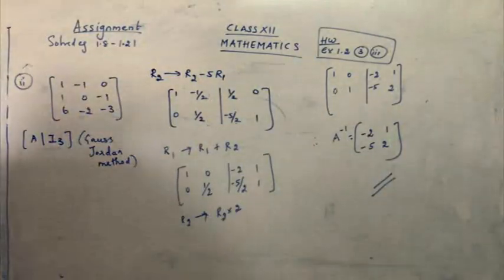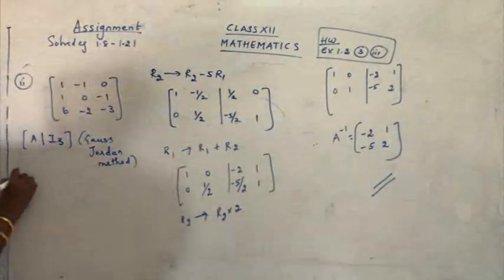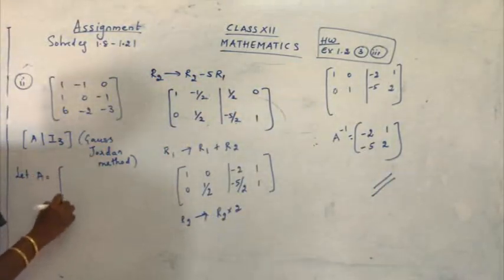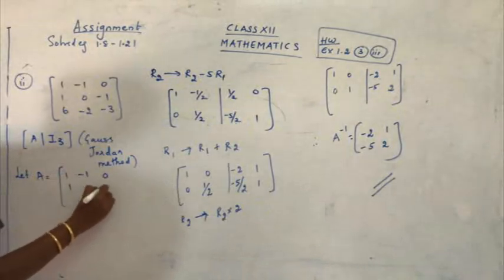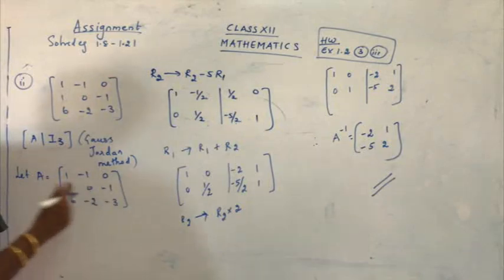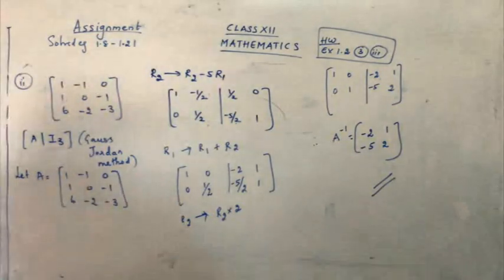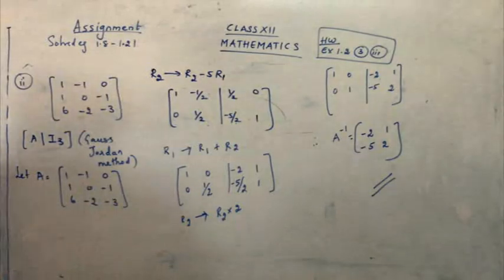So what's A here, children? Let A be equal to 1 minus 1 0, 1 0 minus 1, 6 minus 2 minus 3. Okay, done? Now present your answer in terms of the augmented matrix.